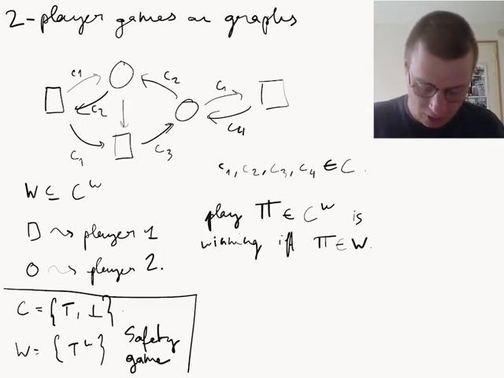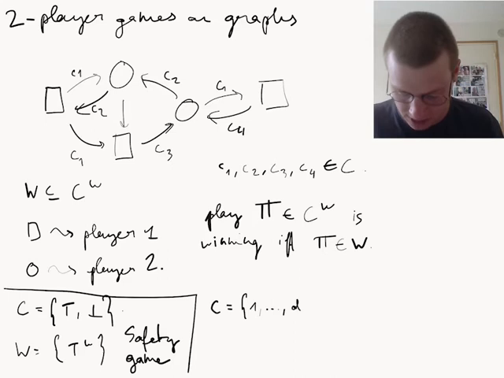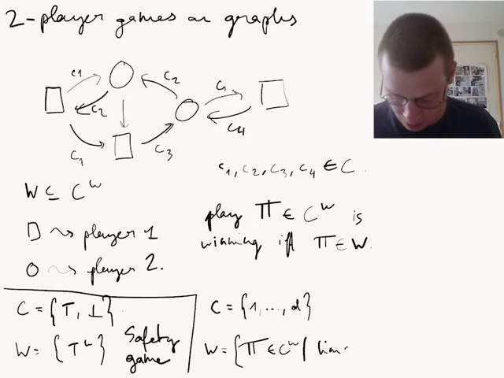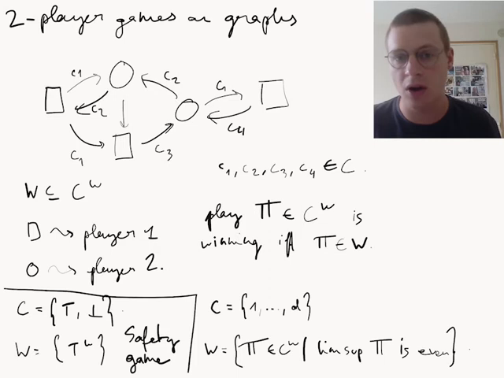Now another example, which is very important for us, is that of parity games. These are played with edges that are labeled by integers, let's say from 1 to D. The winning condition is the set of plays such that the lim sup of pi is even. The lim sup is the maximal color.